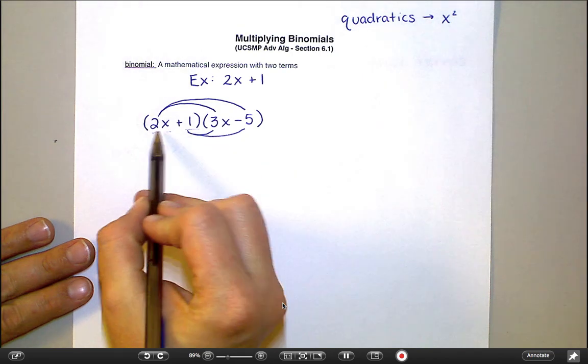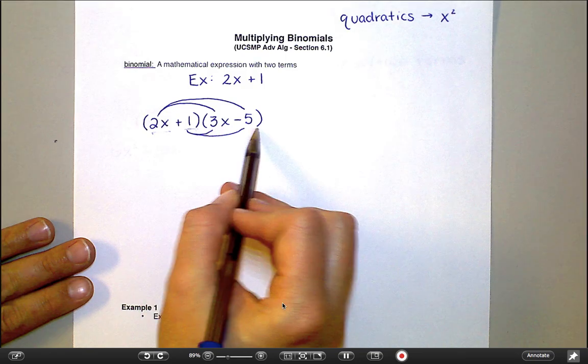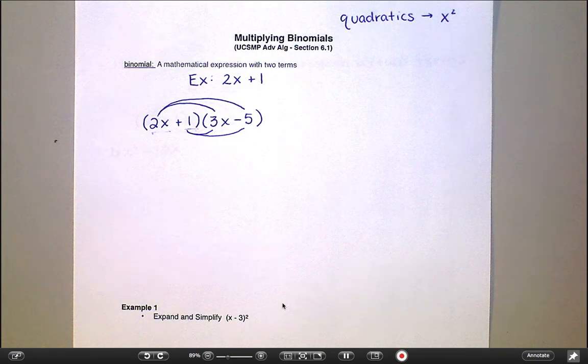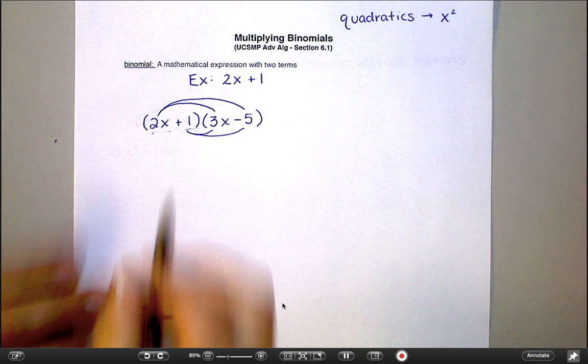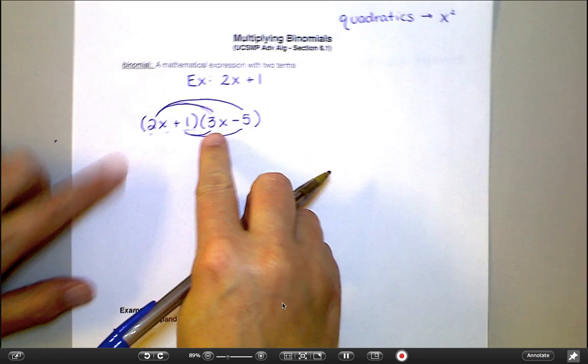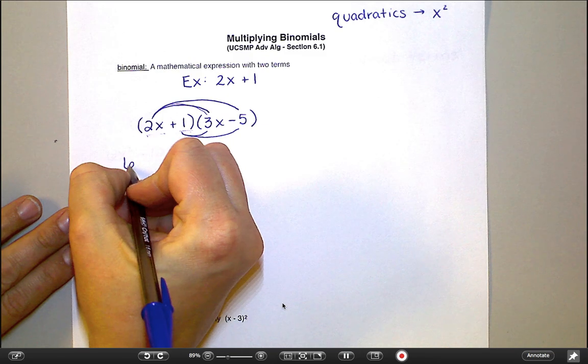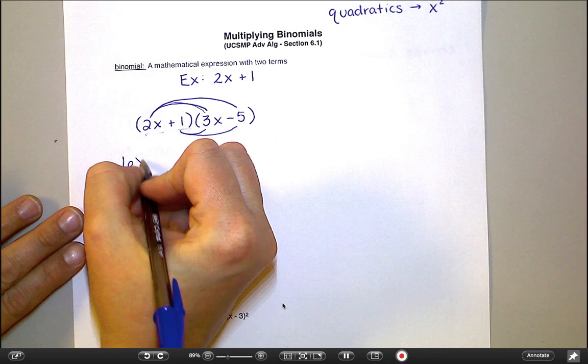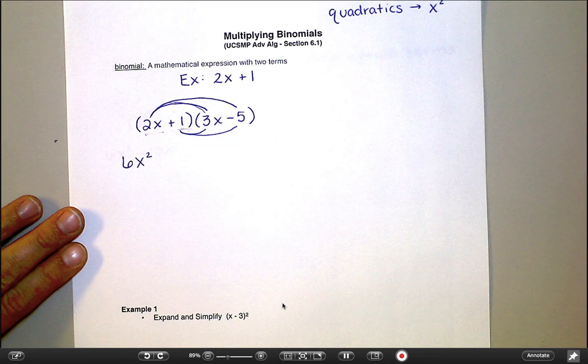And so you end up multiplying both of these by both of these, and you're going to end up with 4 pieces in your answer. So I'll show you what I mean. The first thing I did was this: 2x times the 3x. 2 times 3 is 6, and x times x is x squared. Okay?